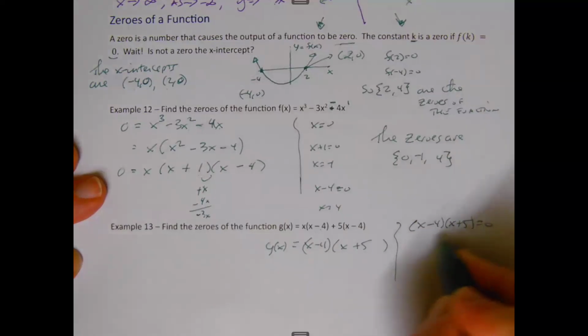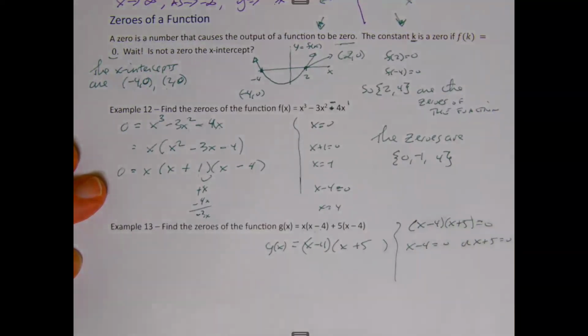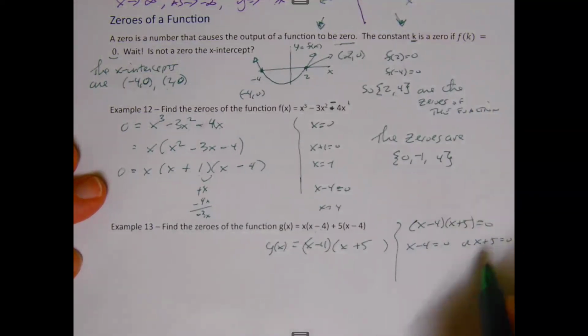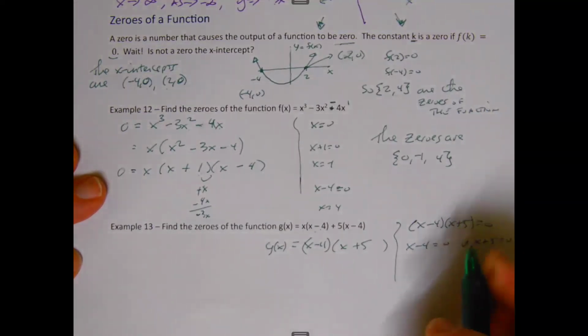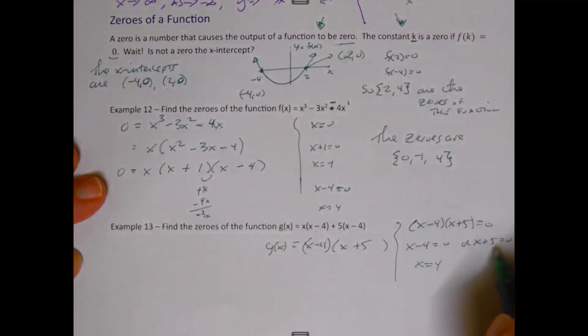And solve, and again, just like before, the only way that product can be equal to 0 is if one of the factors is 0, but I want to find all solutions, so I'm going to put both of them equal to 0. So x minus 4 equals 0. Add 4 to both sides, I get 4. Here I got x plus 5 equals 0.